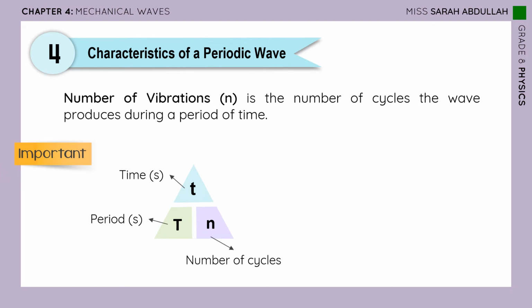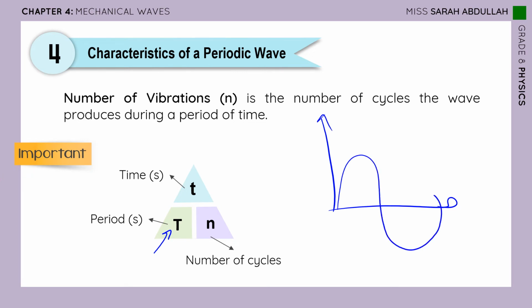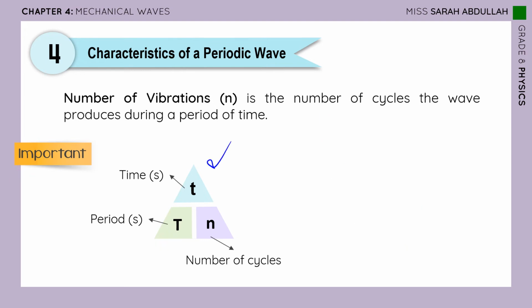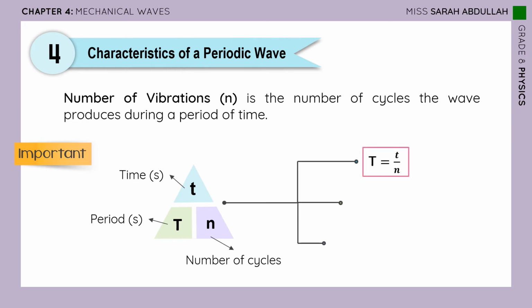I can find the period not only by looking at the wave and finding this time. I can also find it using this triangle because the period is equal to the time over the number of cycles. Also, the number of cycles equals the time over the period, and the time equals the period times the number of cycles.